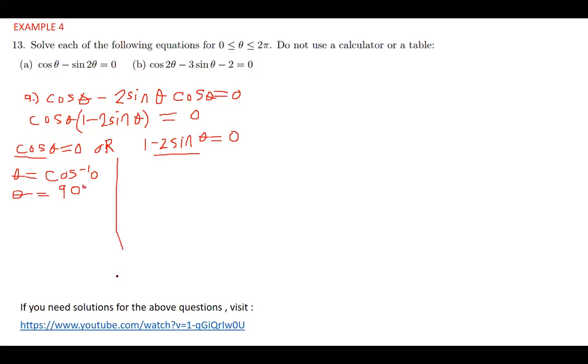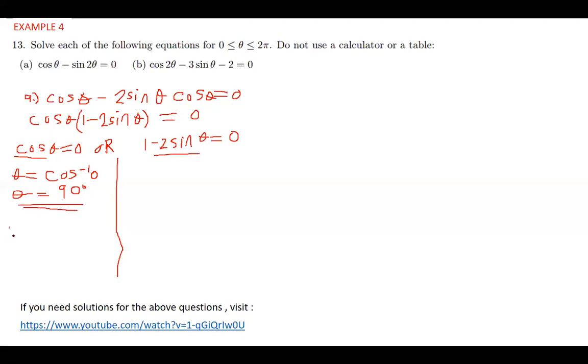So this 90 degrees lies in the first and in the fourth quadrant, since cos is positive in the first and fourth quadrant. So in the first quadrant, theta is just the same, this 90.